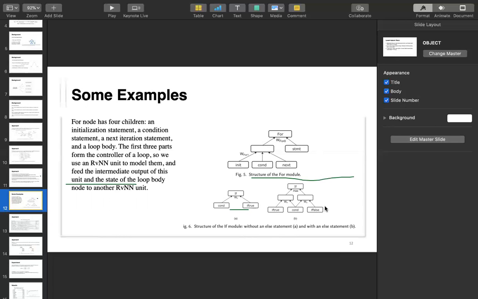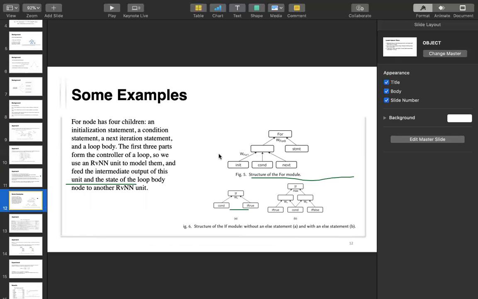So the for node has 4 children: an initialization statement, a condition statement, a next iteration statement, and the loop body.